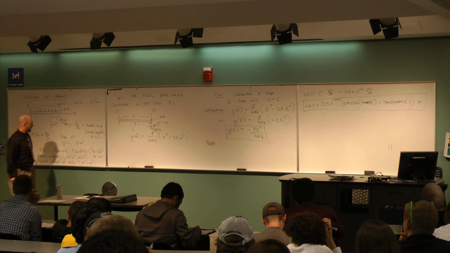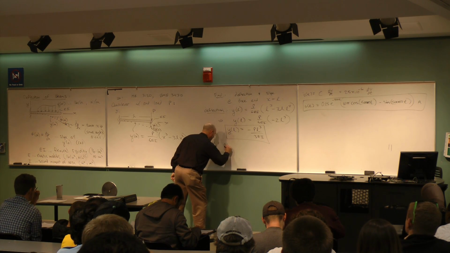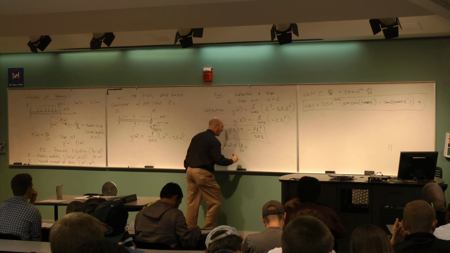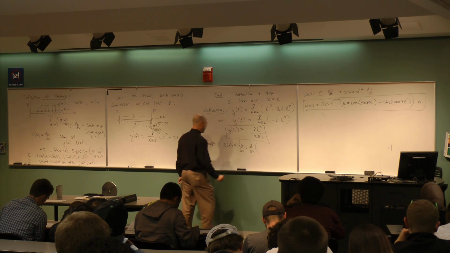I got y of x, so I ought to be able to take the derivative. So theta of x is dy dx, so I need the derivative with respect to x of the deflection curve.